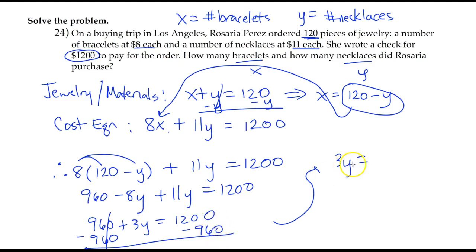That looks like that would be 240. And then from there, we just divide both sides by 3. That reduces to 1. And 240 divided by 3 is just 80. So Y equals 80, this is the number of necklaces.